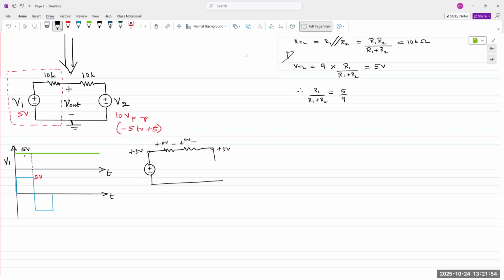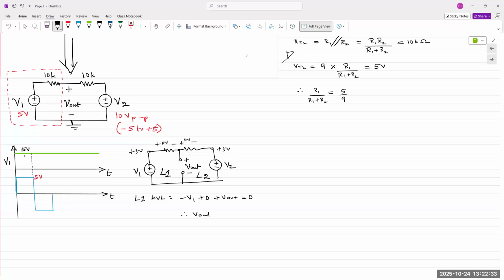Now, if you apply KVL, so you have this and you have this. This is your V out. If I say this is loop 1, if I say this is loop 2, I say loop 1 KVL, what do I get? I get minus V1 plus 0 volts plus V out is equal to 0.